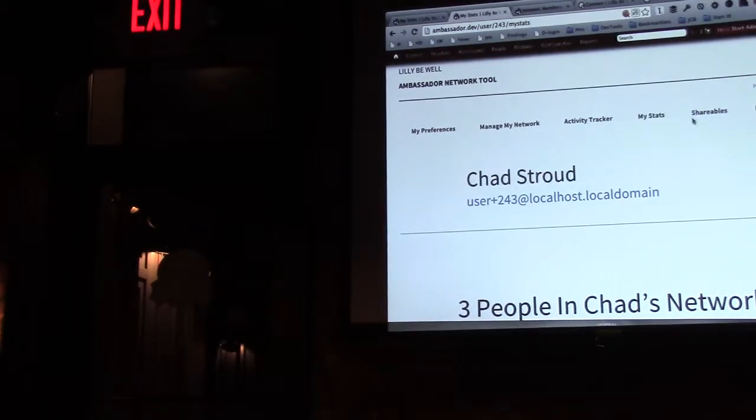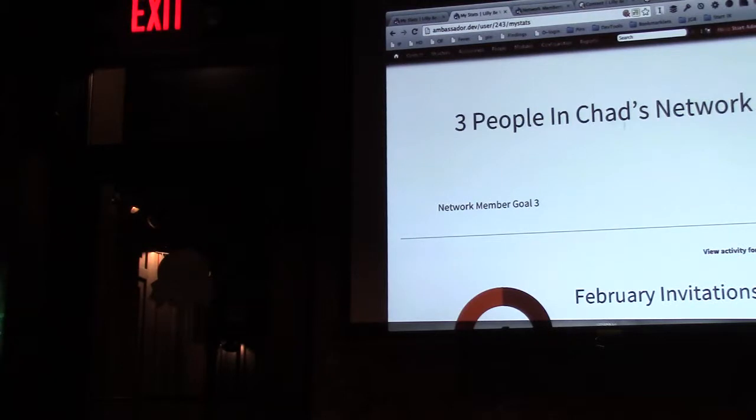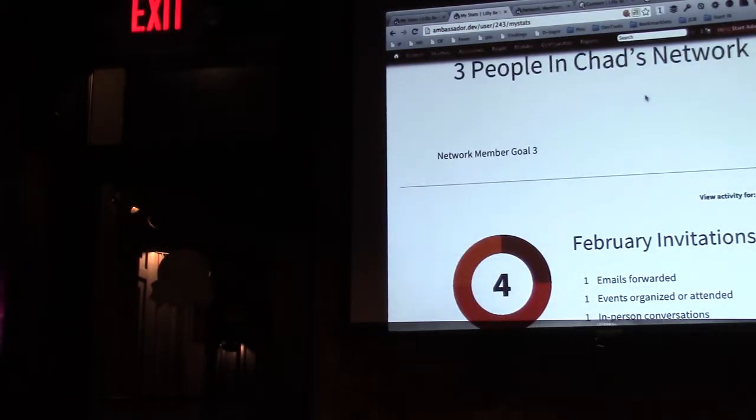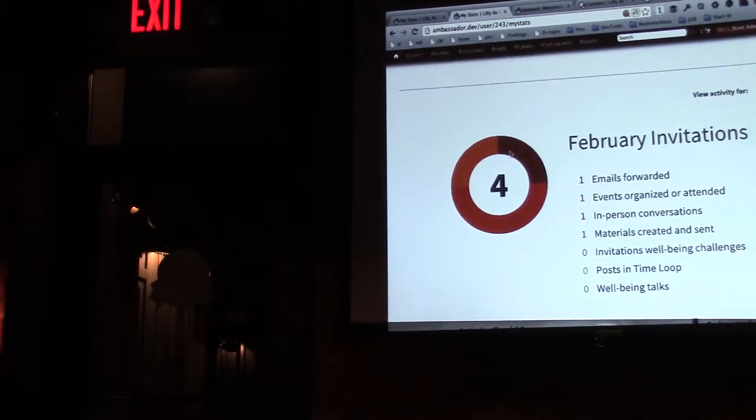So using a random person, he has 3 people in his network. And there will be a new chart in here next week. But here's where we're using D3.js.